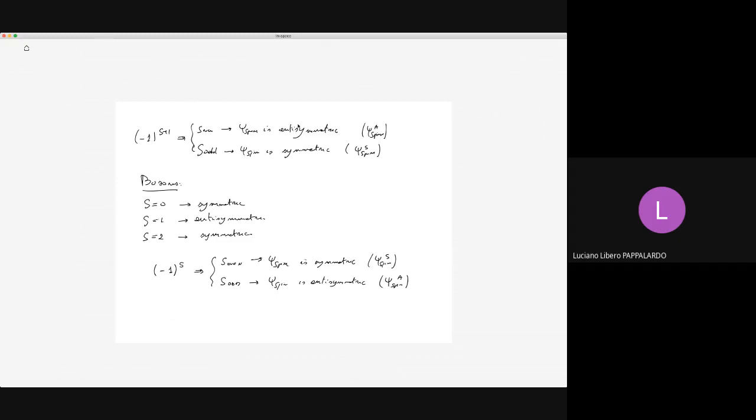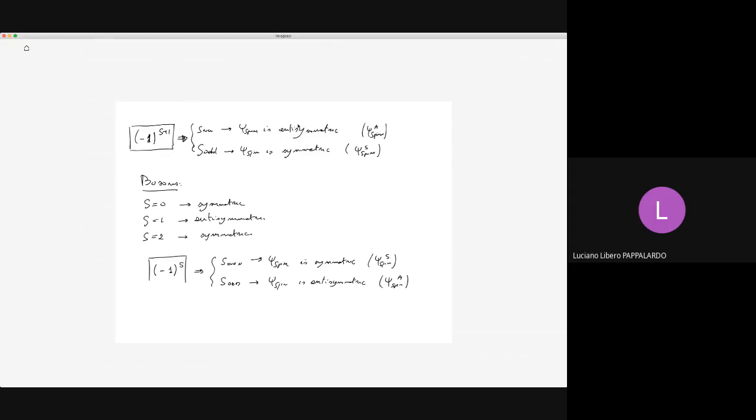So once more, the symmetry of the spatial component of the wave function is given simply by (-1)^L. For the symmetry of the spin component, of course, you have to distinguish between bosons and fermions. For fermions, it is given by (-1)^(S+1), where S is the total spin of your system of two indistinguishable fermions.